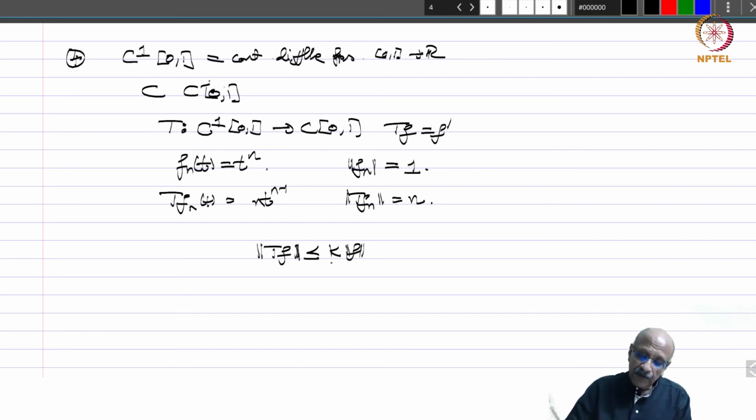Because if we put f equals f_n, the left hand side will be n less than or equal to k for all n. That is impossible because n tends to infinity and k is a fixed number. So this is an example of a mapping which is not continuous, but which is nevertheless linear. Okay, so now we will look at some other properties like isomorphism between normed linear spaces.